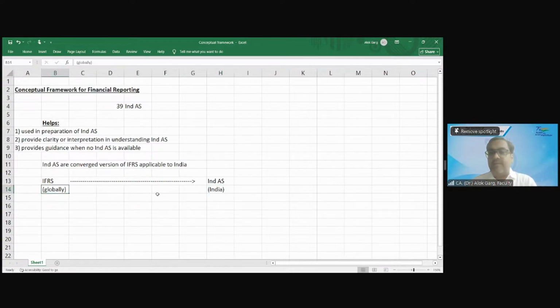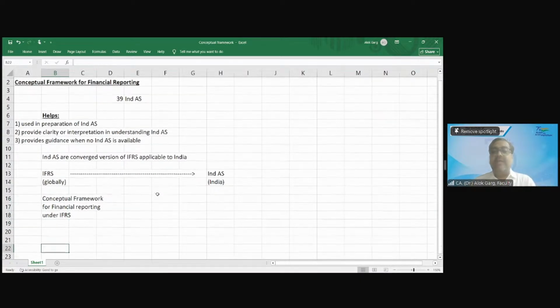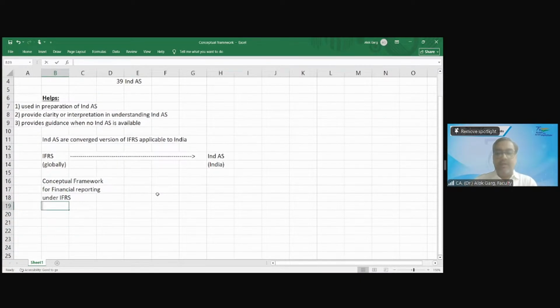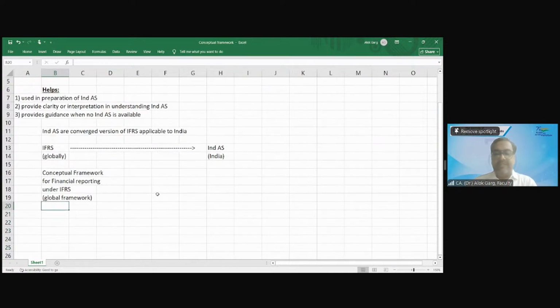Friends, likewise, there was a conceptual framework for financial reporting under IFRS. This is again a global framework, and it was issued in the year 2018.